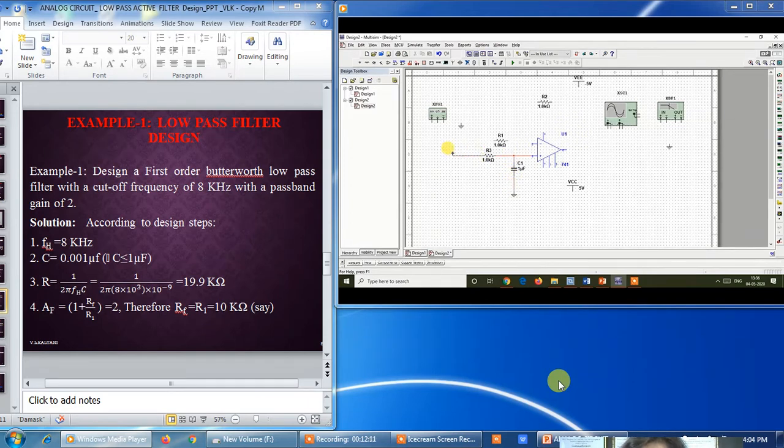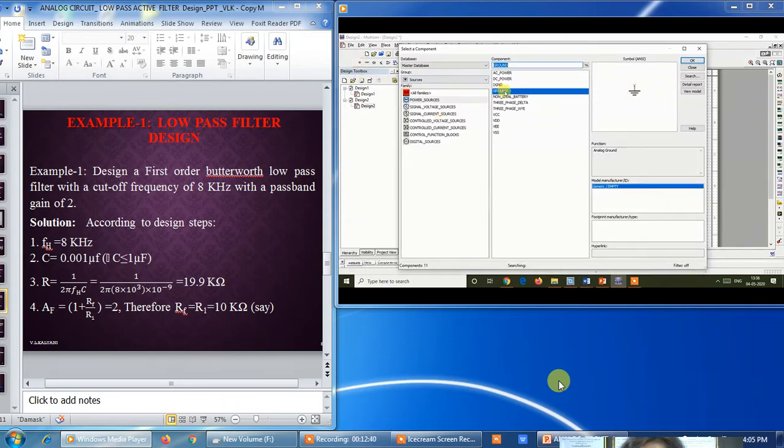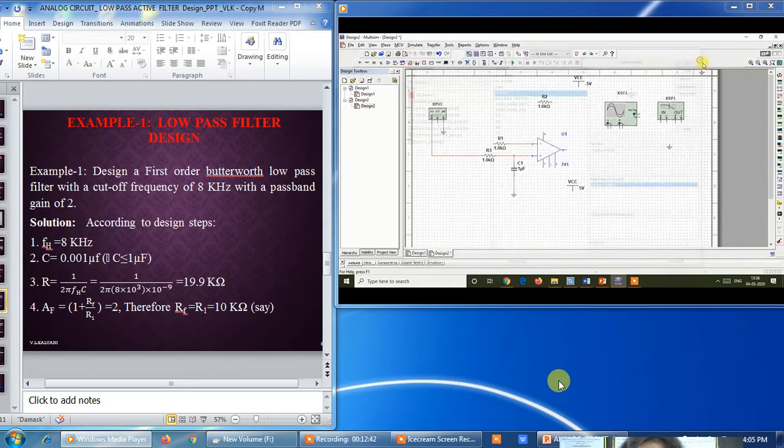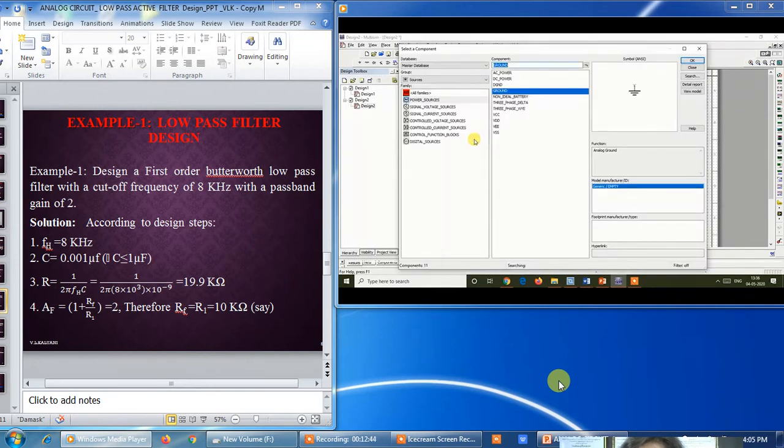Here one terminal of this R3 resistance is connected to the function generator input terminal, and the minus terminal is connected to the ground, and one terminal of this resistance R1 is connected to the inverting terminal of the op-amp, and then select the ground terminal again and drag it.